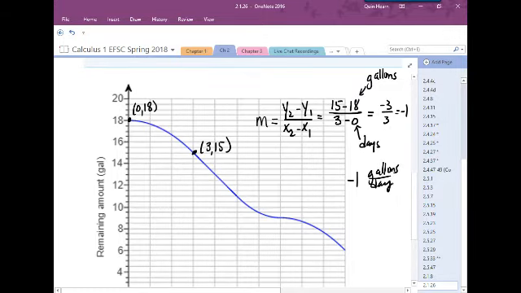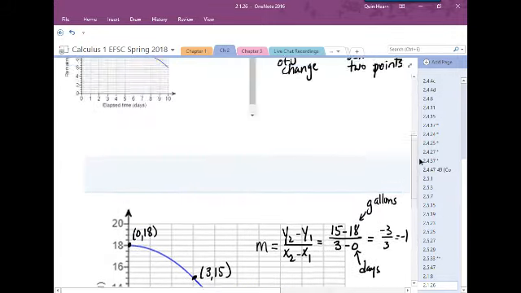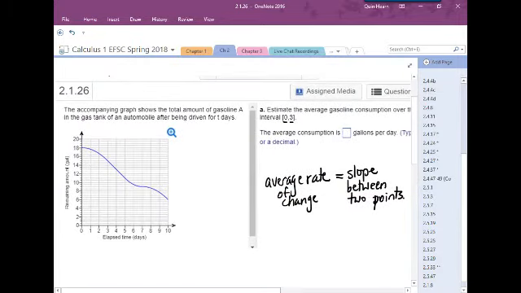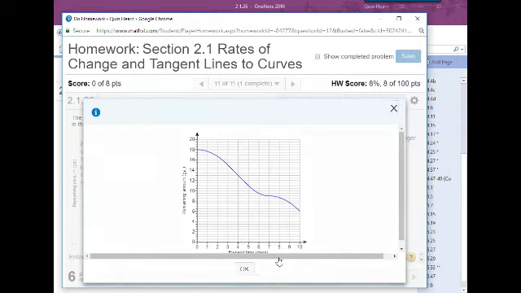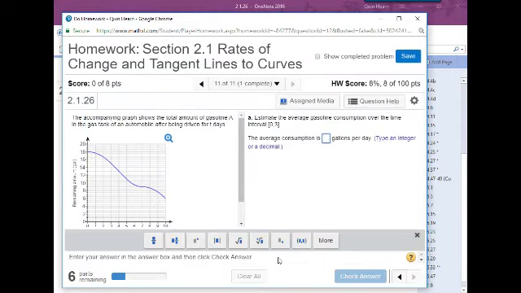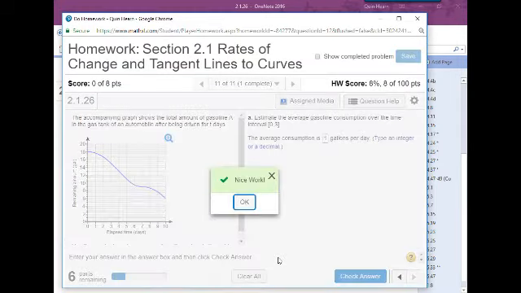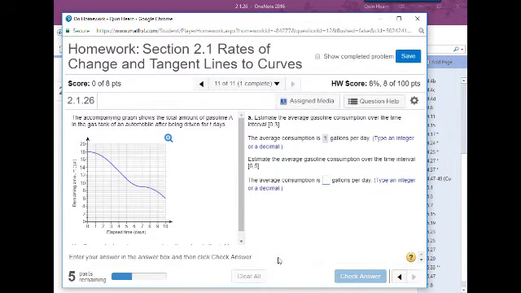Our remaining amount is going down by 1 gallon a day. So in the question, the average consumption is how many gallons a day? Well, if the amount that we have left is going down by 1 gallon a day, that means our consumption is 1 gallon a day. So since we have this open, let's go back here and put in a 1. Okay, so 1 gallon per day.